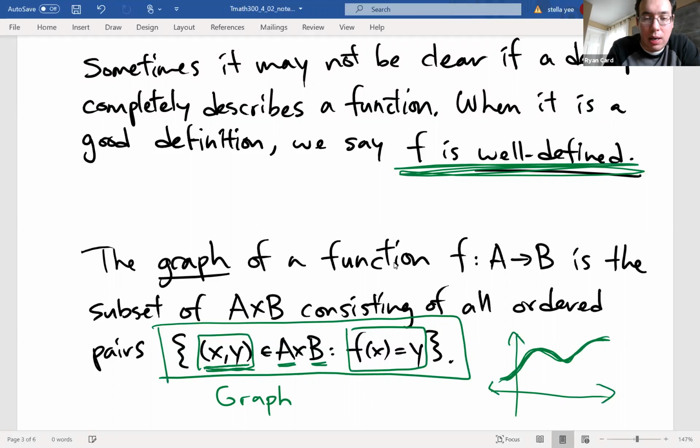For example, if you have two-dimensional input and two-dimensional output, like you might have in a function defined by complex numbers, then you need a four-dimensional drawing, and that's not really possible. So it still might make sense to talk about an abstract graph rather than a picture.